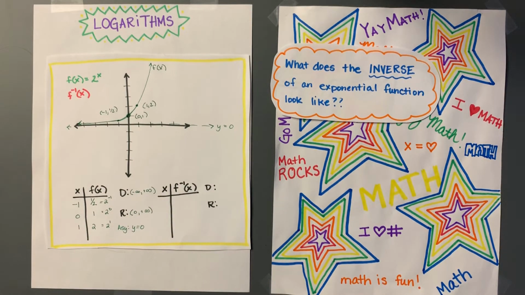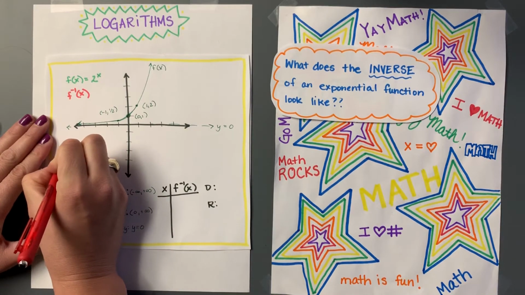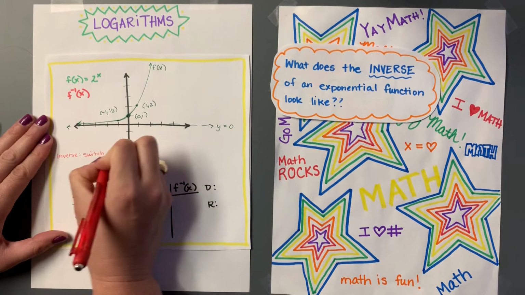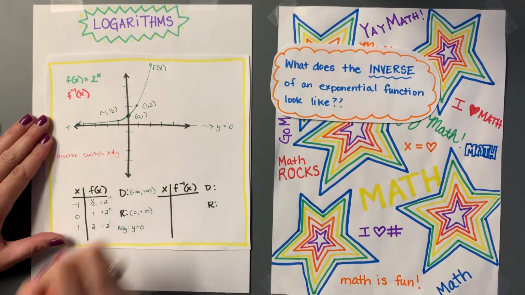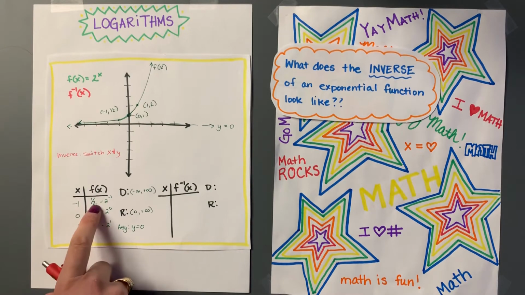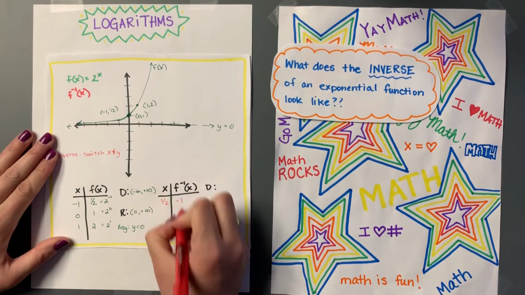So now that I've got that down, I need to be thinking about the inverse function. If we remember, to find an inverse function, we need to switch the x and the y for everything. So that's kind of the basis. All of these x values will become y, and all of the y will become x. So this ordered pair (-1, 1/2) will become the ordered pair (1/2, -1).